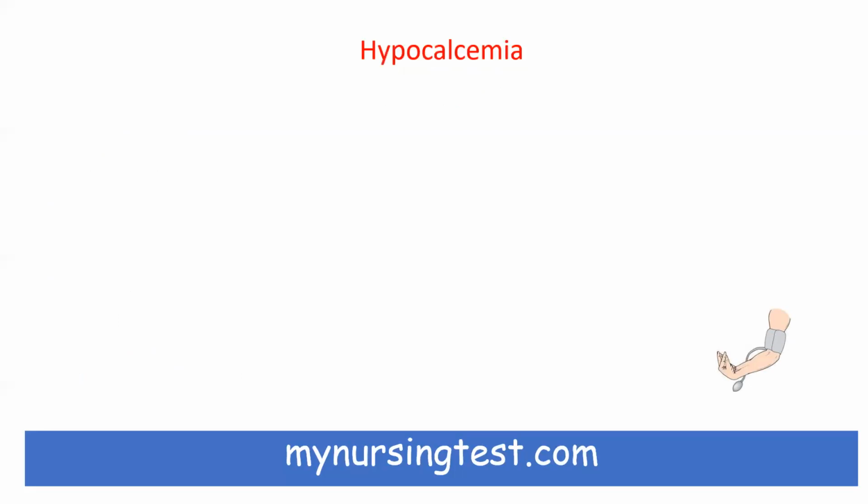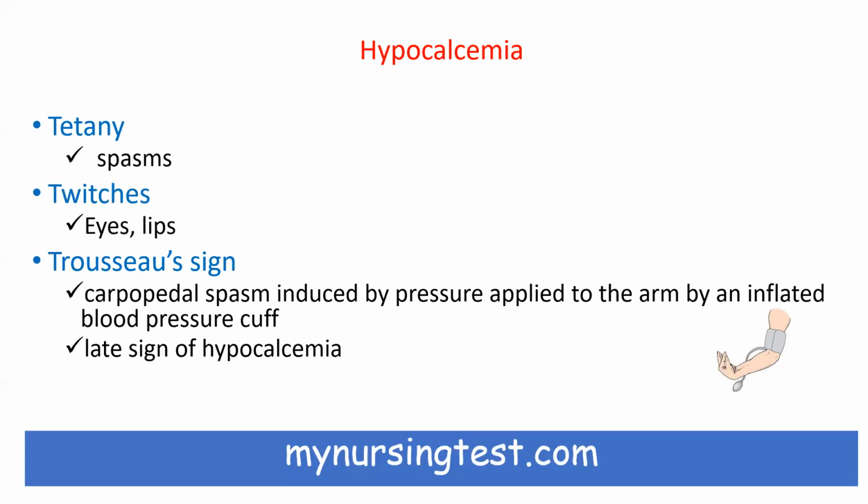Hypocalcemia, I want you to remember tetany, twitches, trousseaus. And remember, Trousseau sign is when we inflate the blood pressure cuff on the arm and we get the spasm in the hand. So Trousseau sign is a late sign of hypocalcemia.